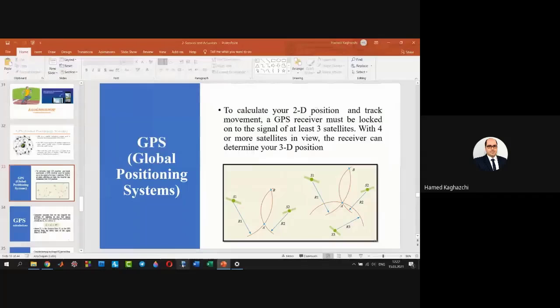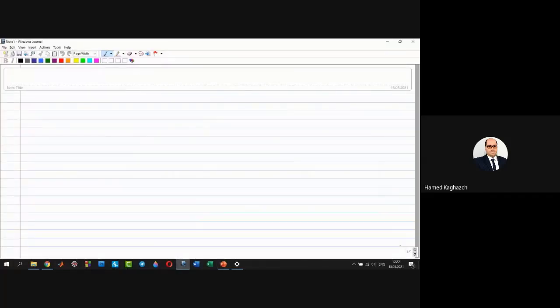Now, let's look at here. I want to explain how we need this information and how the GPS works in our device. Suppose that this is an object. This object can be your smartphone, or anything that has GPS.